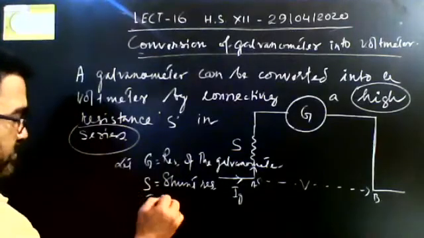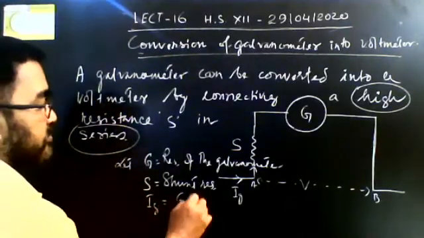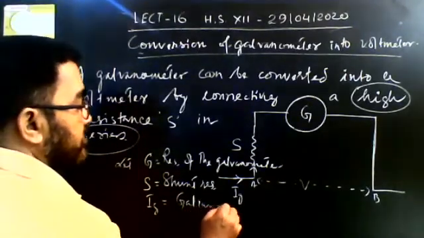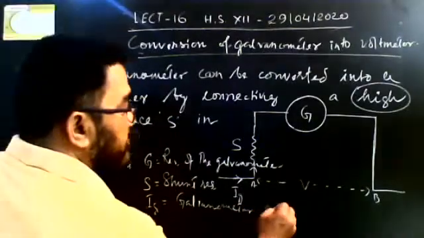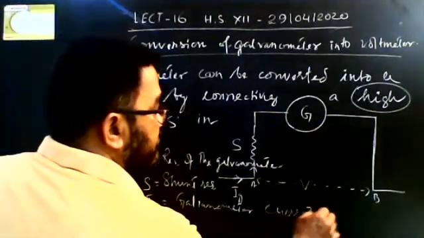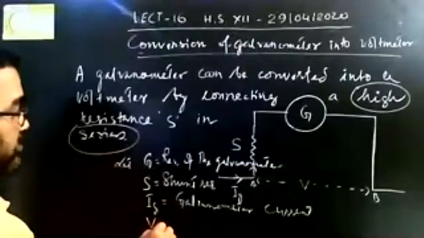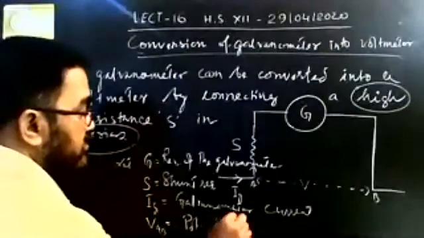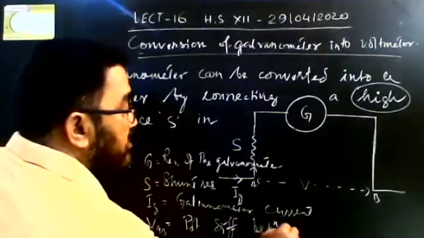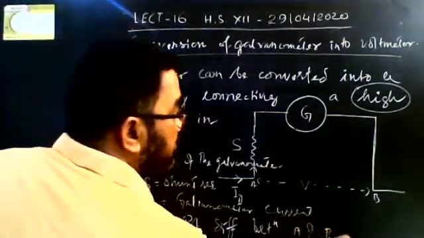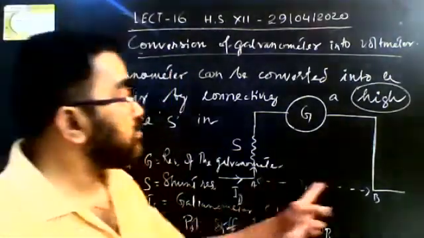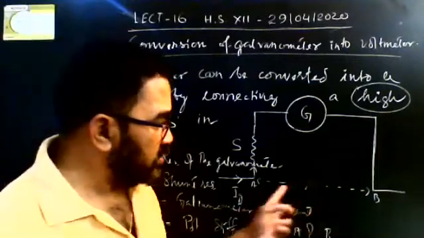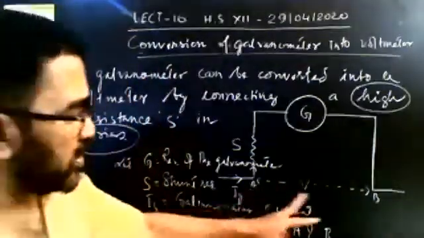Ig is the galvanometer current. VAB is the potential difference between A and B. Mind it, A and B are not connected. That is why I am giving a dotted line.